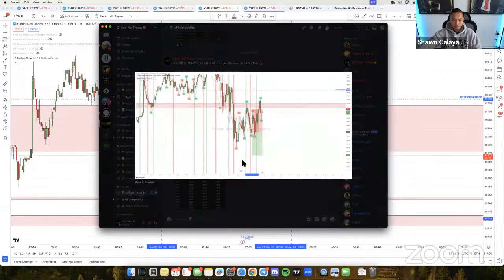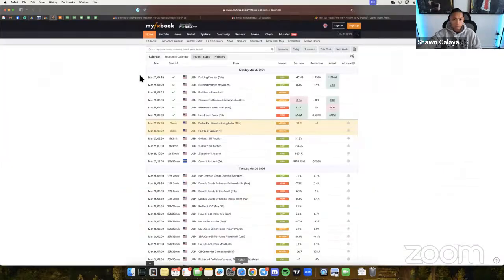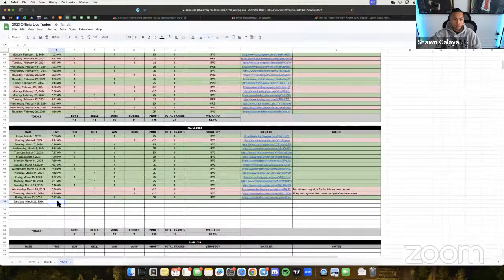This entry came up at 7:08. It was for a sell. For a sell, loss, -25, BB3. And this is just me being transparent with you guys because I want you guys to see the long-term effect of applying this one strategy, a day type entry.